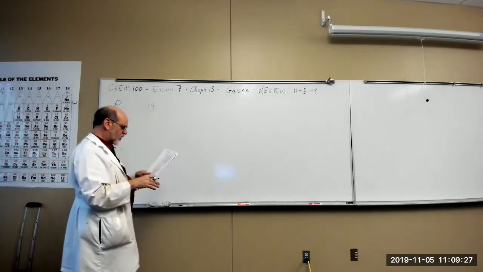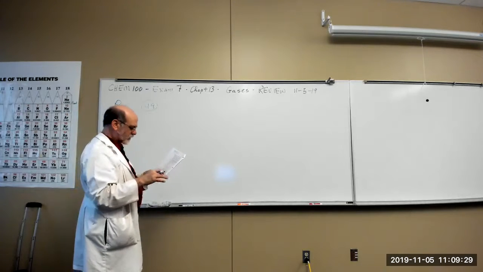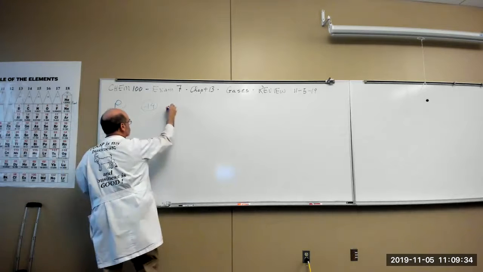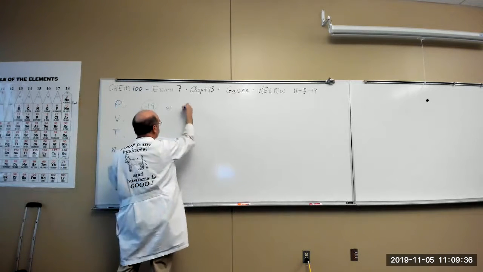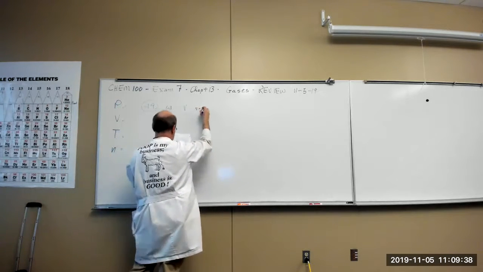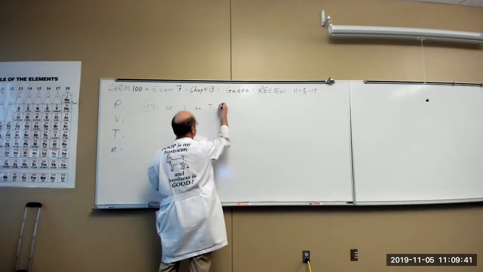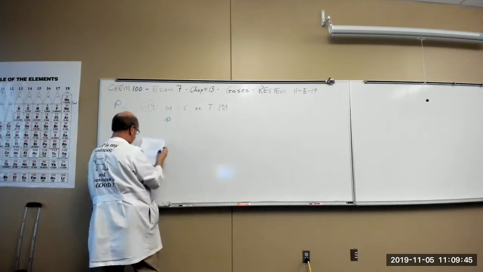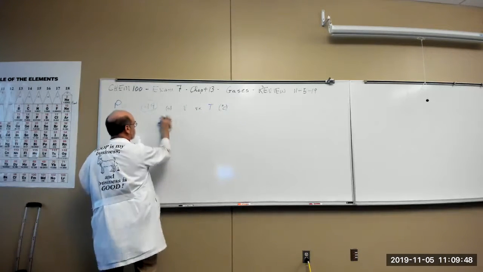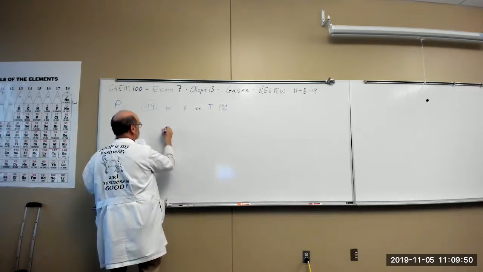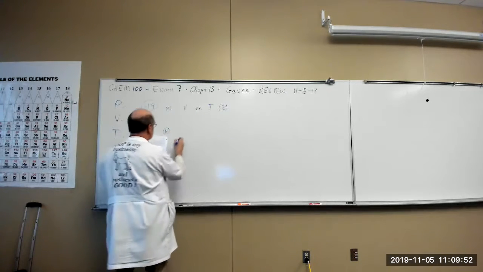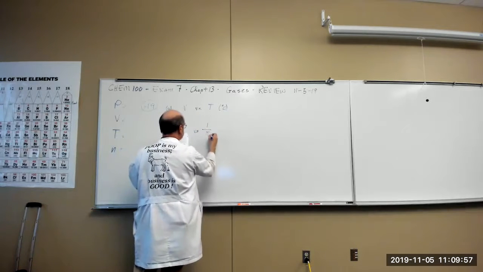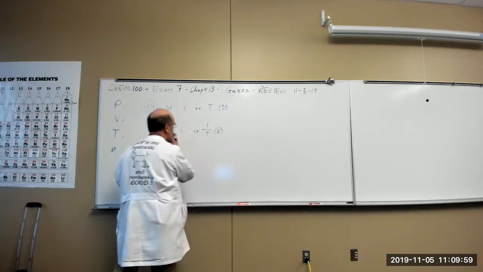Which of the following will give a graph with a straight line and a y-intercept of 0? Number 49. So we have these possibilities. A, volume versus temperature in degrees C. B, let's see, let me move this down some. So we have to draw a graph. B, volume versus 1 over temperature in Kelvin.